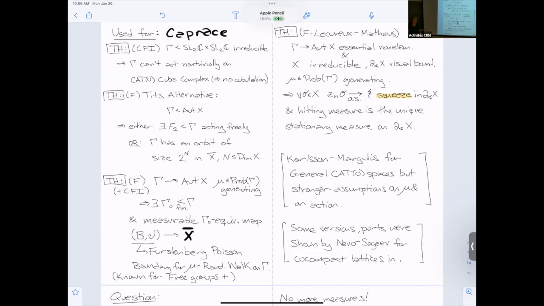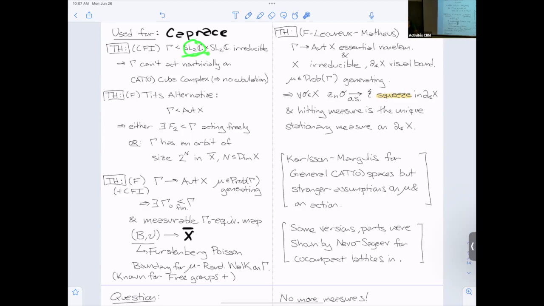Superrigidity essentially gives you that for an irreducible lattice, by way of bounded cohomology, bounded second cohomology, you can extend the action to one of the ambient factors. But the automorphism group of a CAT(0) cube complex is totally disconnected.